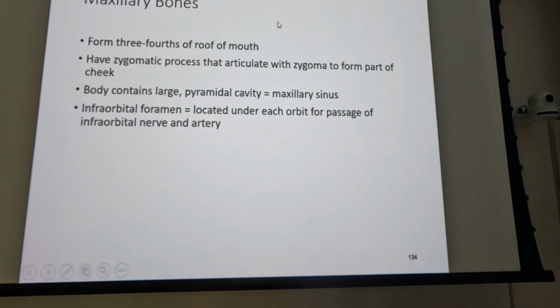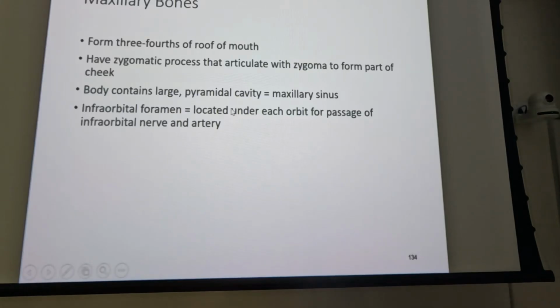So 3/4 of the roof of the mouth, the palatine bones form the other fourth. Zygomatic process, it articulates with the zygoma to form the cheekbone, what we refer to as cheekbone. And then maxillary sinuses we already talked about.